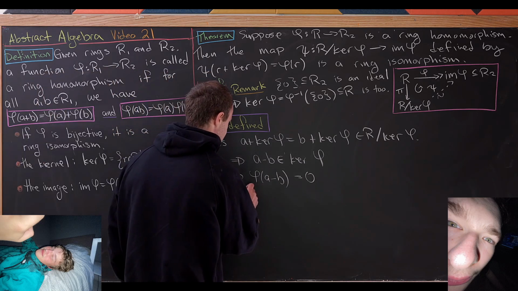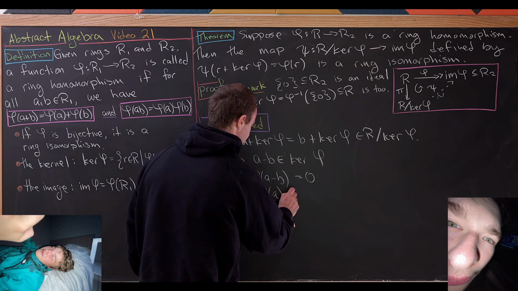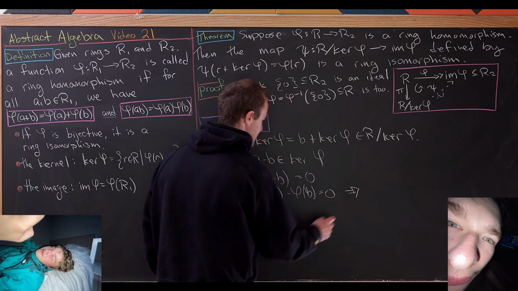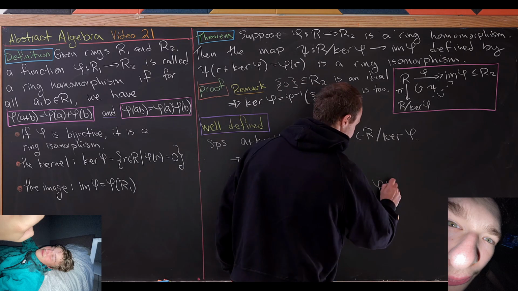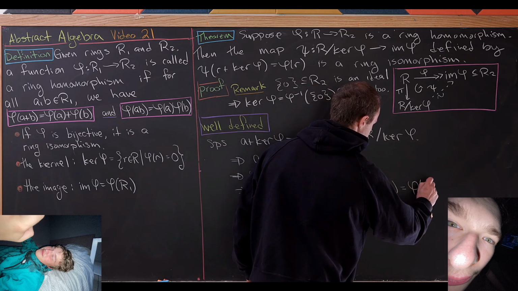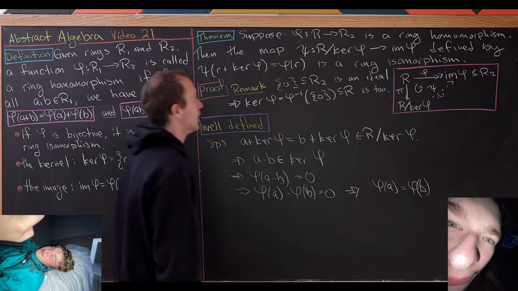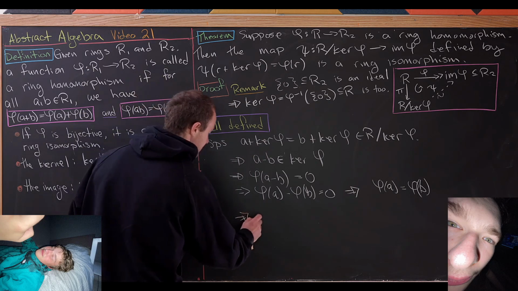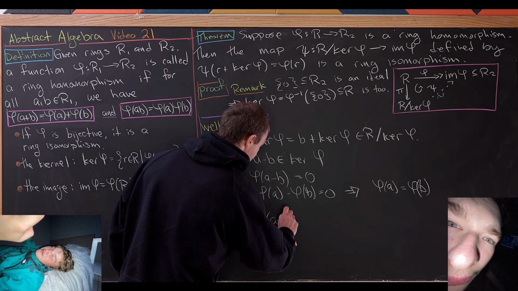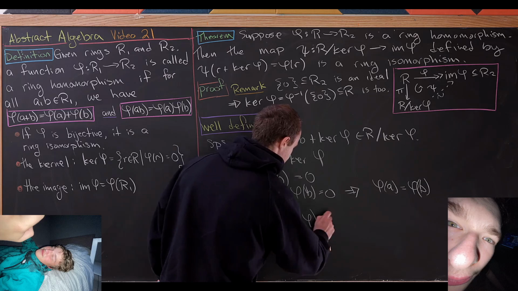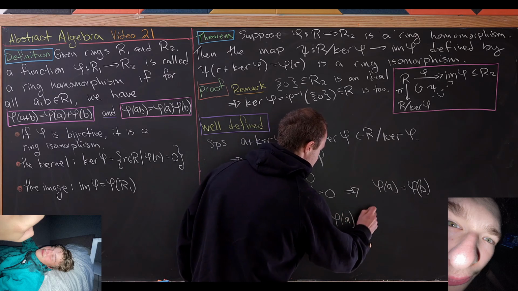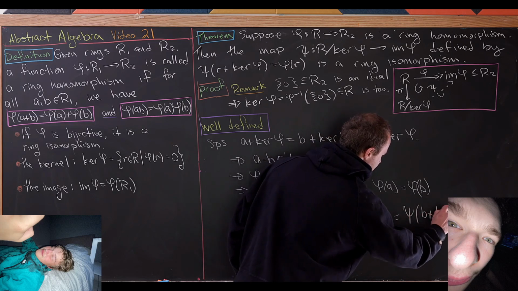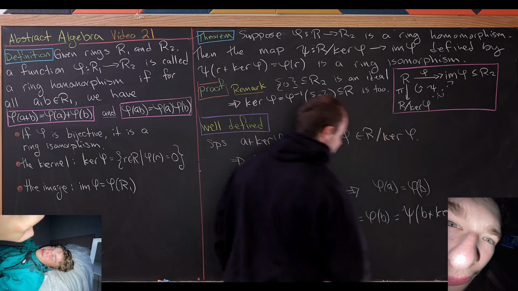But then since this is a ring homomorphism, we have phi of A minus phi of B equals 0, which means that phi of A equals phi of B. Now extending this back off the other way, notice this really tells us that psi of A plus kernel of phi, which is equal to phi of A, which is equal to phi of B, is finally equal to psi of B plus kernel of phi.